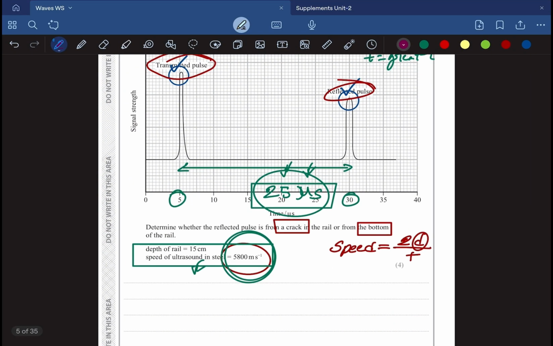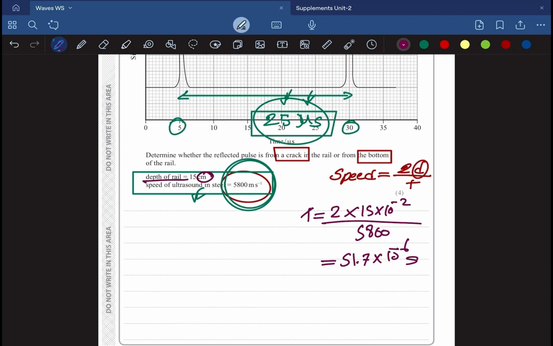So now let's figure out this time. Time is equal to 2d over v: 2 into 15 into 10 to the power minus 2, because it is in centimeters, divided by 5800. Our value will be around 51.7 into 10 to the power minus 6 seconds, which can be written as 52 microseconds.